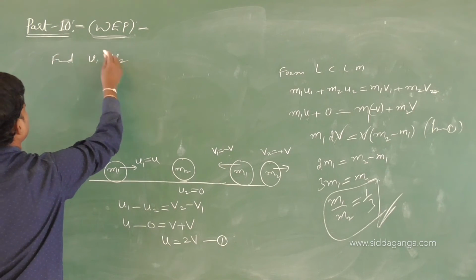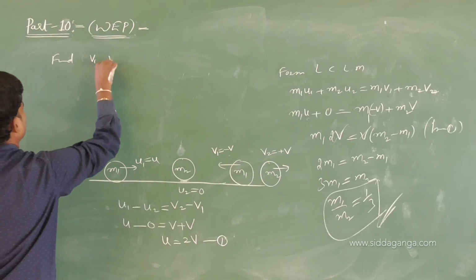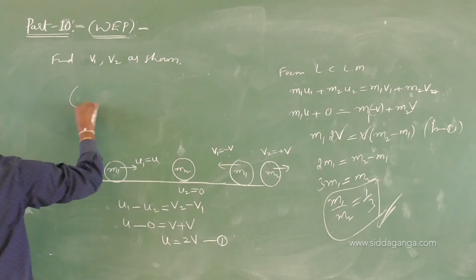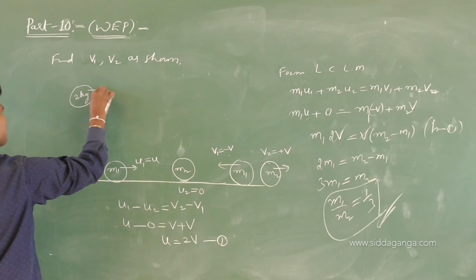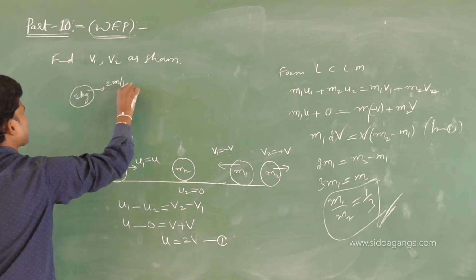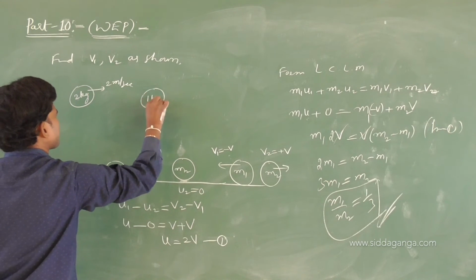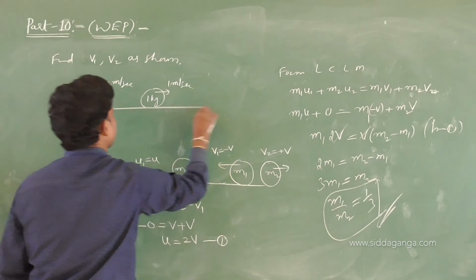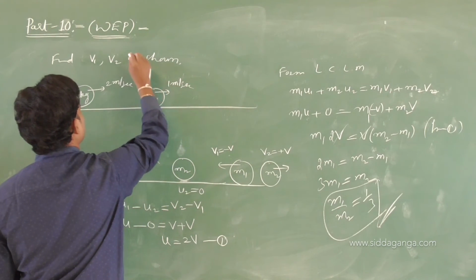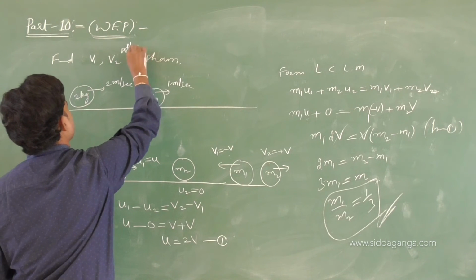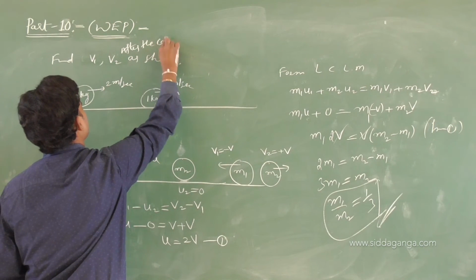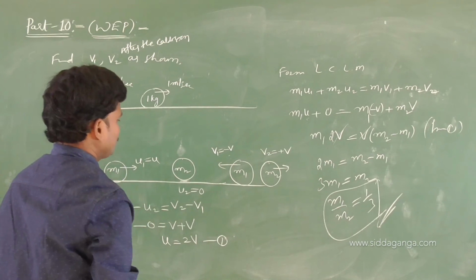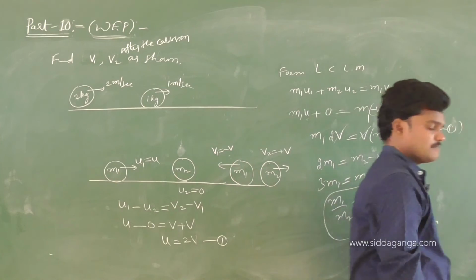Find V1, V2 as shown. Do it fast. The next one, I given some simple thing to get some confidence.